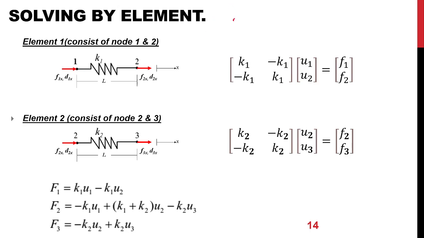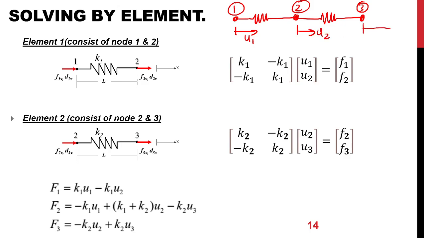Ini node, ini spring, node 1, node 2, node 3. Ini kita panggil dia U1, U2, U3. Finally letak K1, K2.